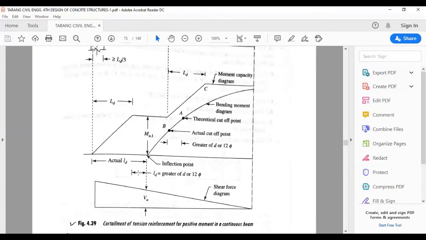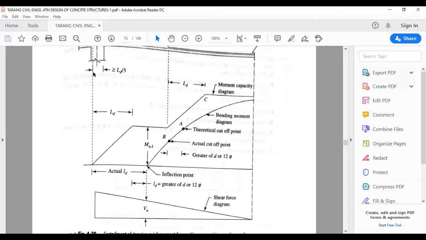This value of LD is taken as the greater of d or d by 2. So this is the induced shear force, and this shows the shear force diagram. The value of LD by 3 is again the same as in the case of simply supported beam.